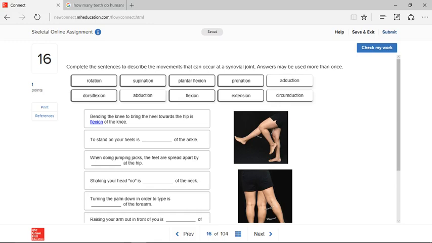By abduction. So abduction is when you bring your legs away from the hip. Like if you're doing jumping jacks right now, you do one. There we go. I just did a jumping jack just to get a good example for myself. With doing jumping jacks, the feet are spread apart by abduction.